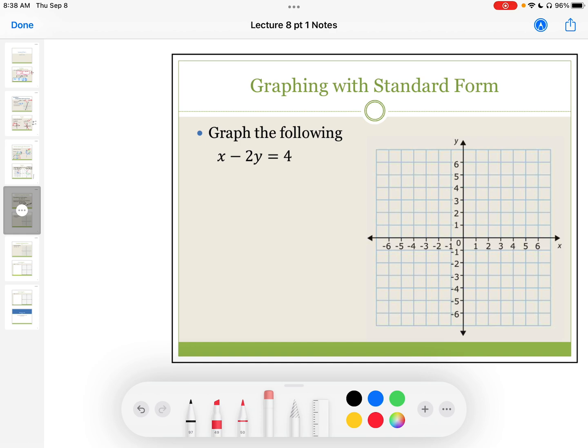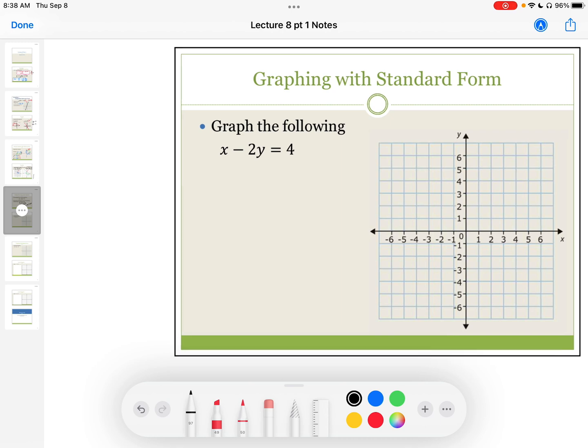So the first thing that I need to do when I'm trying to get y by itself, I need to move the x term to the other side. So step one, move the x term to the other side. So what's that look like on this equation?